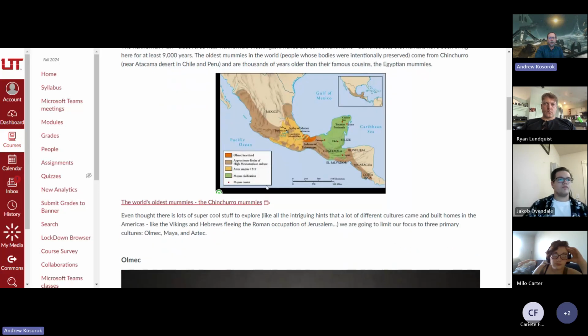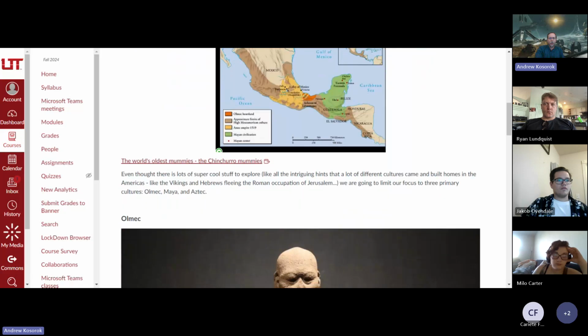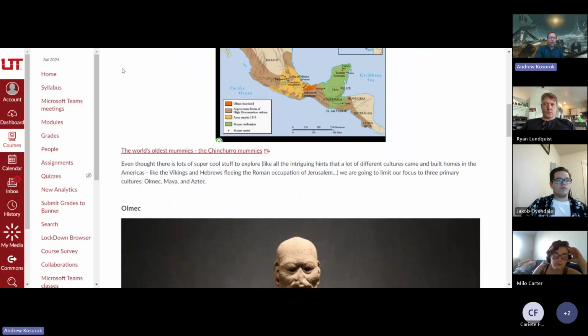And then, of course, you also have the Chinchorro mummies. These guys are the world's oldest mummies. What's fascinating about them is that when people died, they were skinned, the meat was boiled off, their bones were packed with and surrounded by clay, and then the skin was stitched together and put over them again.